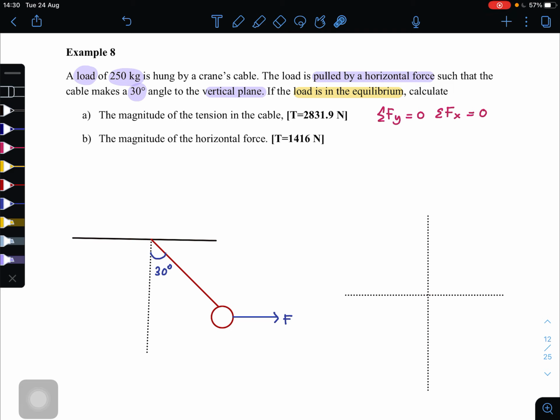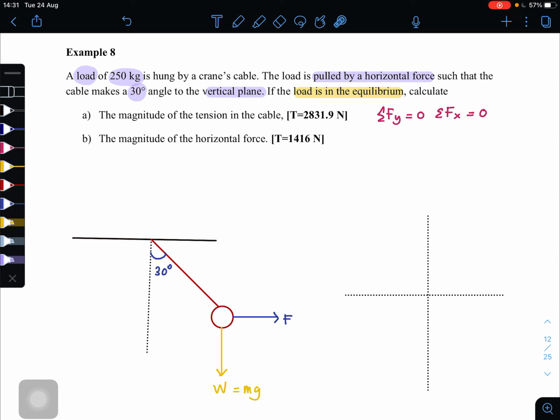Okay, now we know that the most basic force is that the object will have a weight force going downward, W, which is equal to mg.